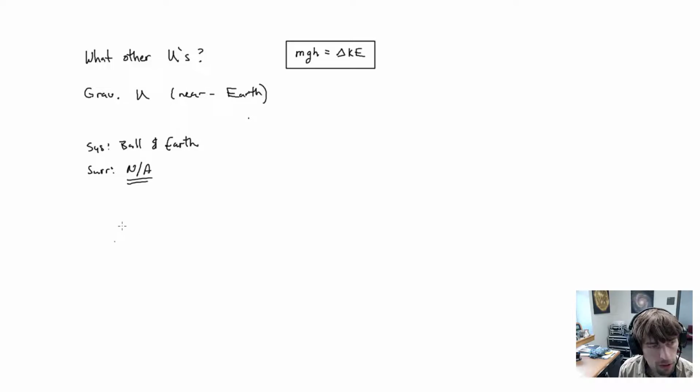Well, now if there's nothing in our surroundings, we'll use the same initial and final states from last time. And we go to our relationship from the first law of thermodynamics, the more general relationship. We have 0 over here equals a change in kinetic energy plus the change in gravitational potential energy.